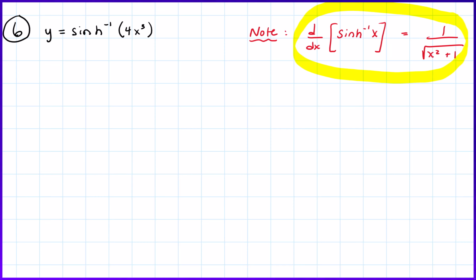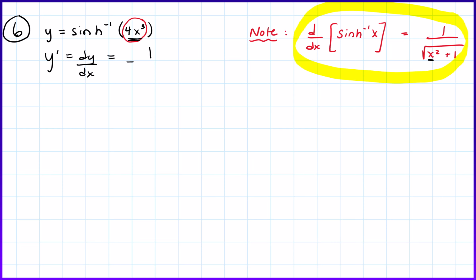So when I'm taking this derivative, I do notice that I've got chain rule because I've got this inner function here. So since I have my inner function, when I'm taking the derivative, y prime or dy dx, whichever notation you prefer, that is going to be what we're replacing our x with in the formula.